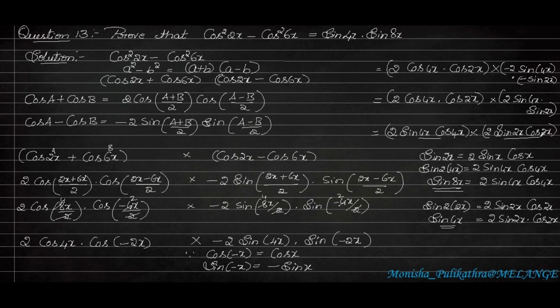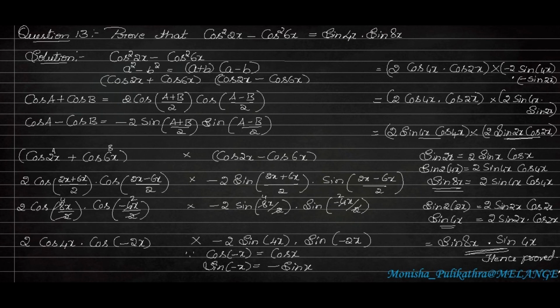So instead of 2 sin 4x and cos 4x, we can include sin 8x, and instead of 2 sin 2x into cos 2x, we can include sin 4x. This is the thing we have to prove here. Sin 4x into sin 8x, sin 8x into sin 4x, both are the same. Then write down, hence proved.